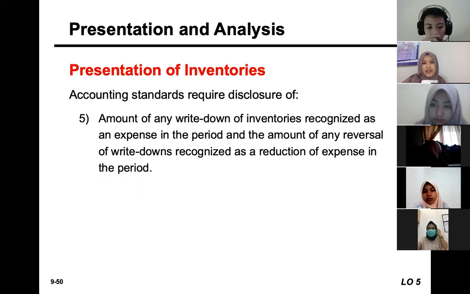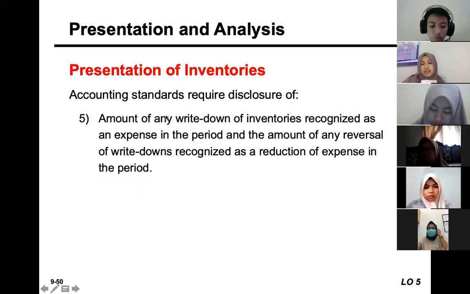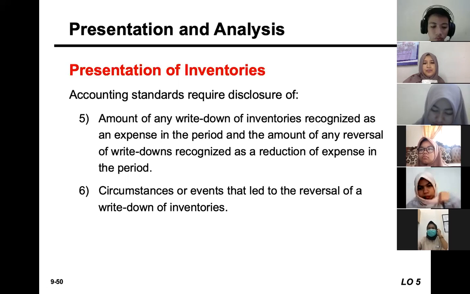Yeah, and let's say after the pandemic, the economy is improving, then they want to again write up the amount of that product. So they need to identify what is the amount of reversal of write down, what was the amount of write down, etc. Yeah. So basically, it's a full disclosure of the inventory. Yeah?